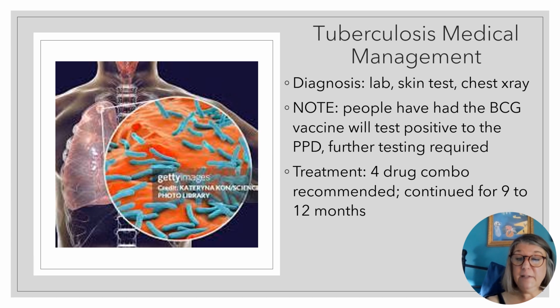You can also be placed in a facility if you are non-compliant with TB treatment. You can be ordered to take TB treatment by the law. This is one of the only diseases that they will do this with, but that is because of the public health threat that TB poses. So just kind of an interesting FYI with that.